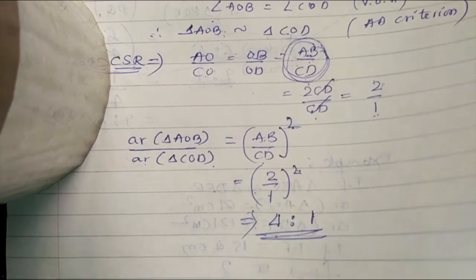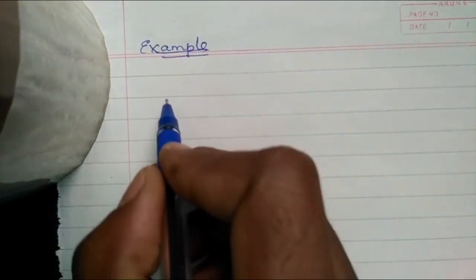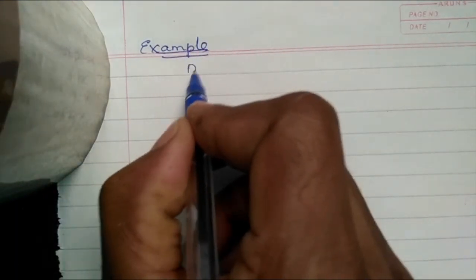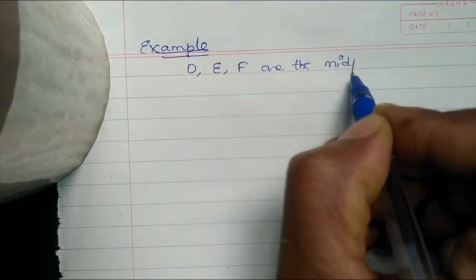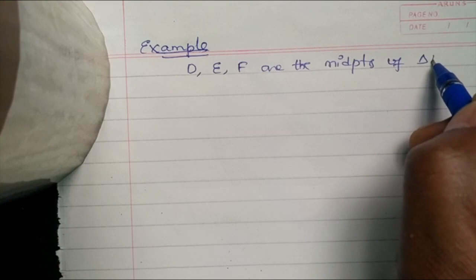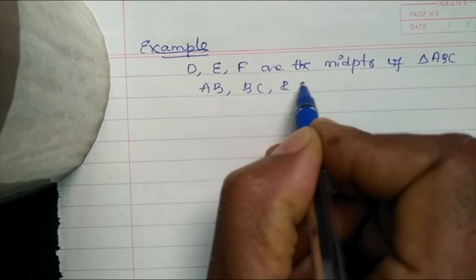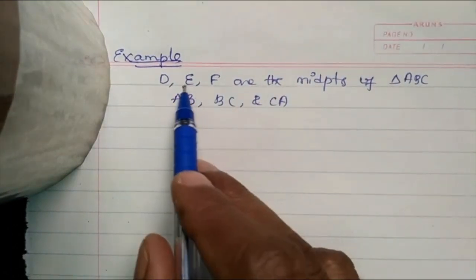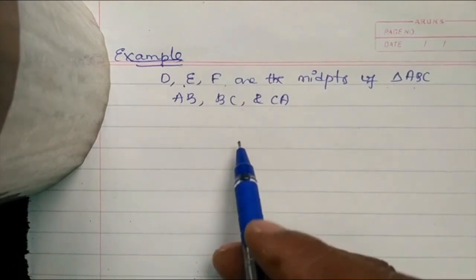We go for the other example. DEF are the midpoints of triangle ABC, sides AB, BC and CA.